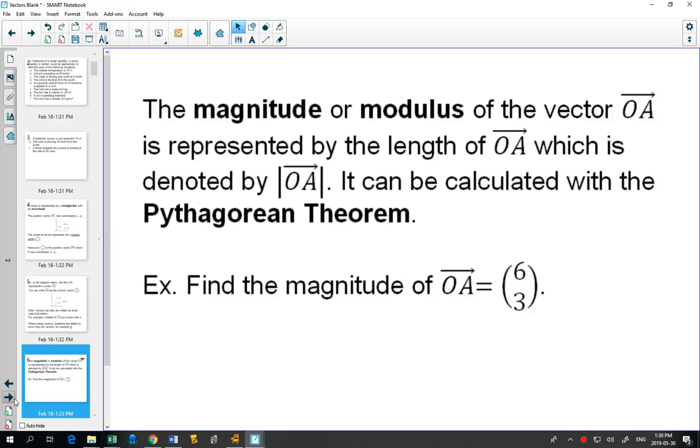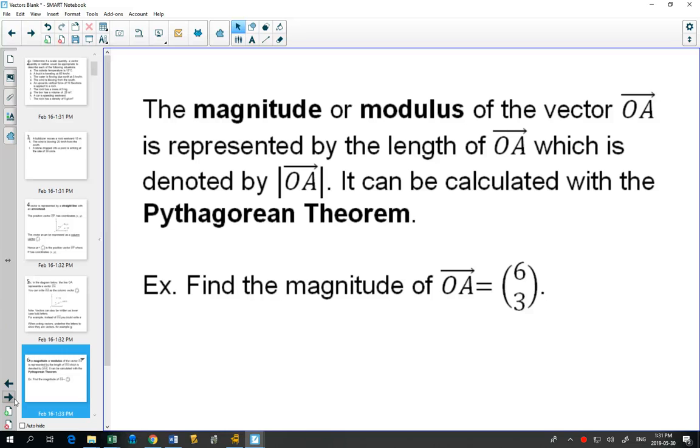5. But the absolute value in its real definition with numbers is asking how far away, it is a distance question, how far away is that number from 0? So if you're at +3, how far are you away from 0? You're 3 away. If you're at -3, how far are you away from 0? 3 units away.